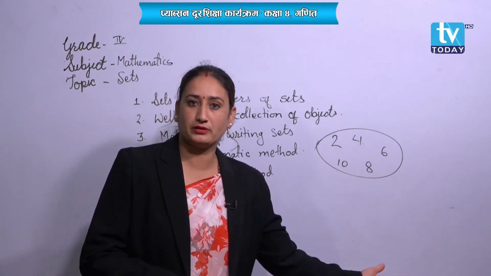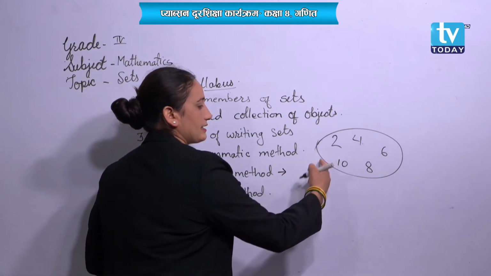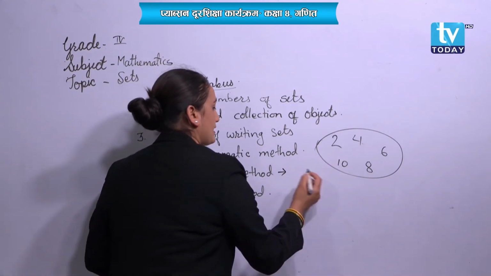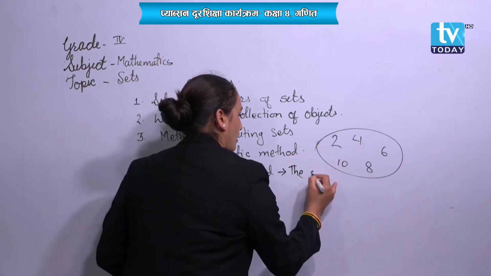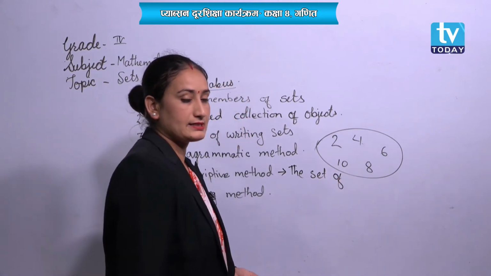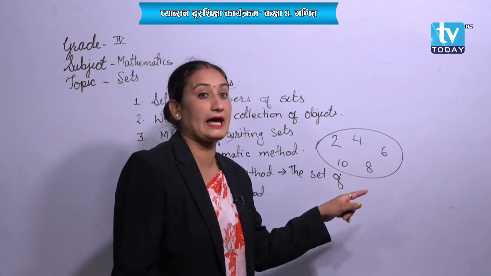For example, let's write the answer of the same question 1. We can write the set of even numbers less than 11.